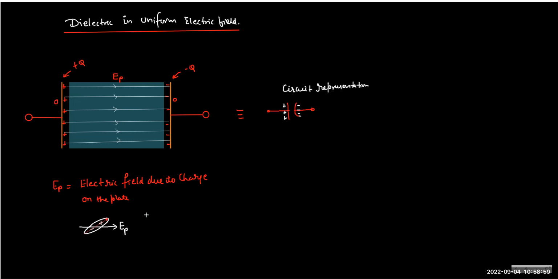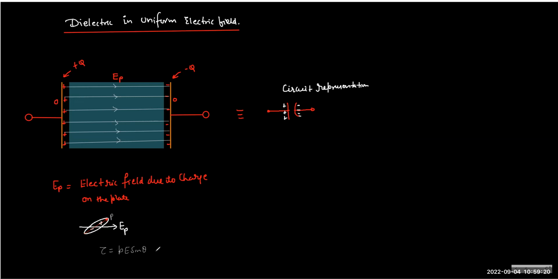And we know that if a dipole is kept in an external electric field, a torque will be acting on it, and the torque we write as P E sin theta. So the P vector is like this, E is like this.